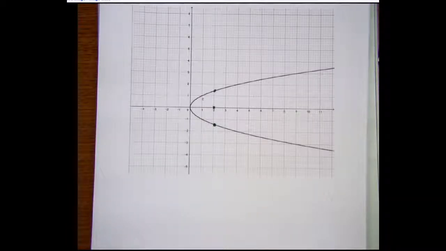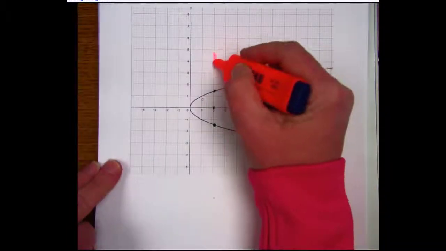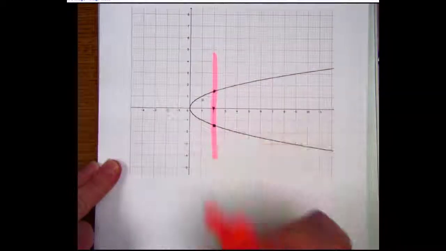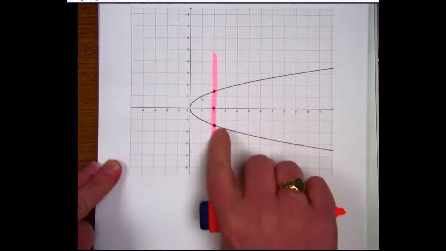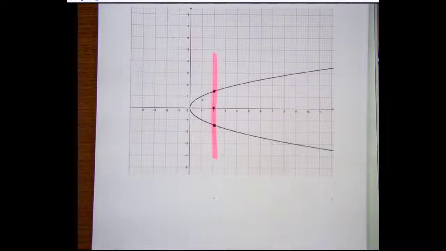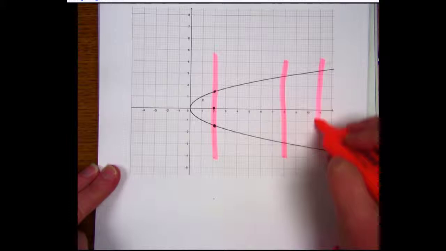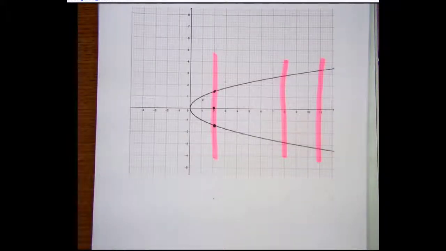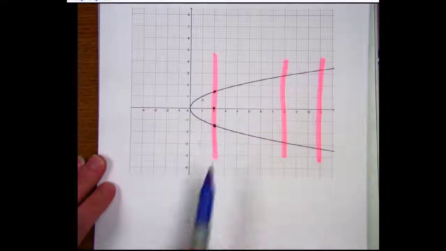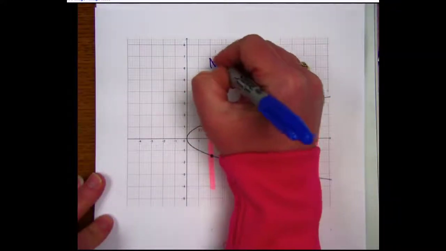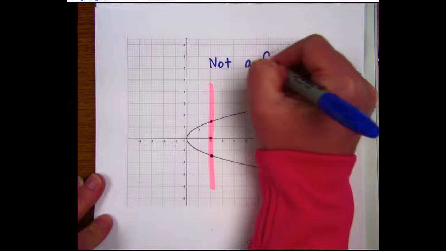That violates our definition of a function. And if I draw that vertical line, you can see that it goes through 2 points on my graph. On this one, there exists a whole bunch of them. But remember, there only needs to exist one vertical line that goes through more than one point, and it is not a function. So this is not a function.